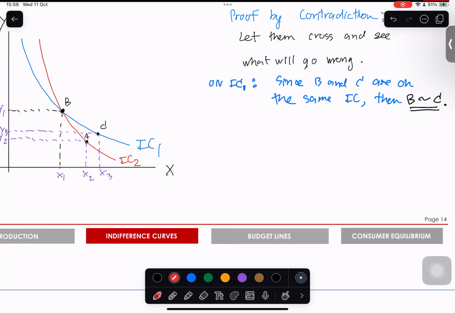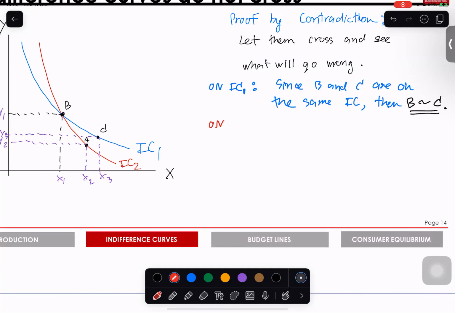And now we look at the red one. On the red IC2, we saw baskets A and B are on the same curve. Since the two baskets stay on the same indifference curve, basket A and B must make this guy equally happy, same satisfaction level.